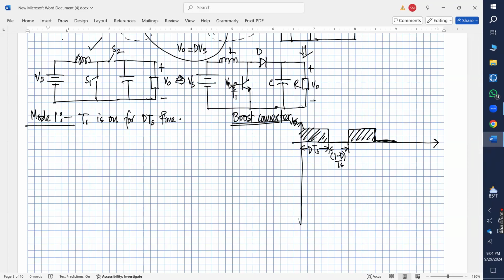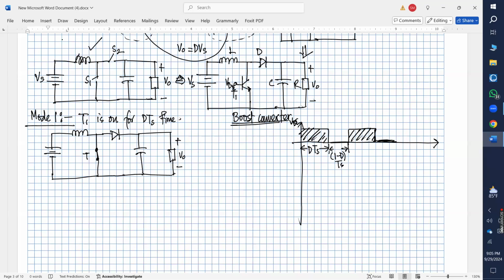The circuit will look like this. So you have an inductor, and then this T1 will look like a short circuit switch, right? Because it will turn on, right? Yes, sir. And there will be a diode here in this direction, and then you will have a capacitor, and then it should be connected to a load, that is your plus minus V naught.